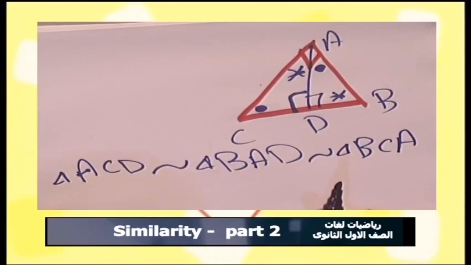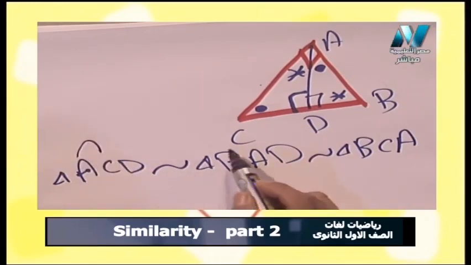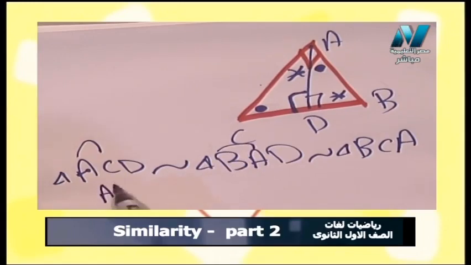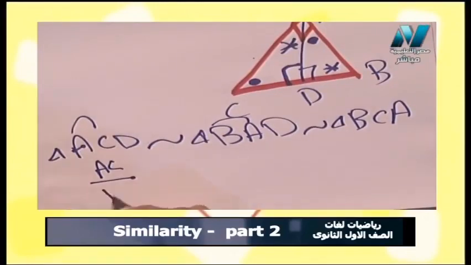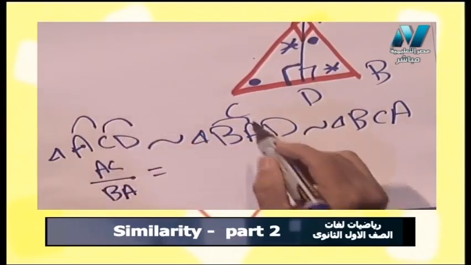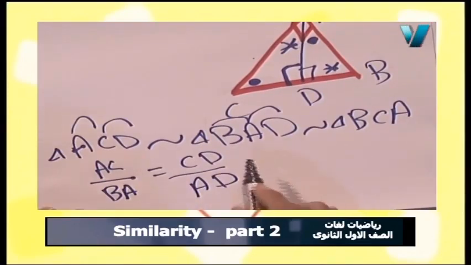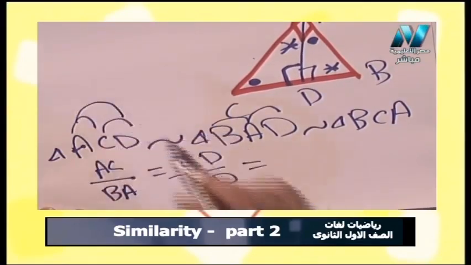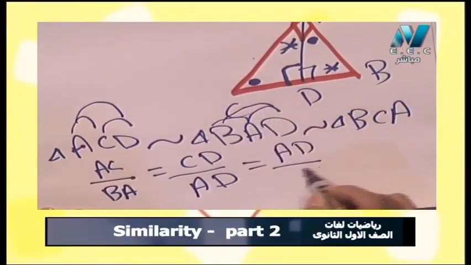We have here AC over BA equals CD over AD equals AD over BD.